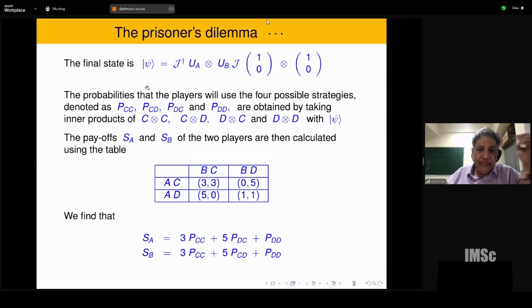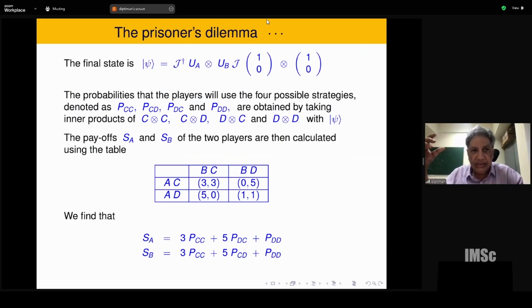Now, if you denote the probabilities, the players will use the 4 possible strategies CC or CD, DC, and DD. So remember, C is cooperation, D is defect. Then the probabilities of players using the strategies are obtained by taking inner products of C times C or C times D or D times C and D times D with psi. So it's basically what is called an expectation value.